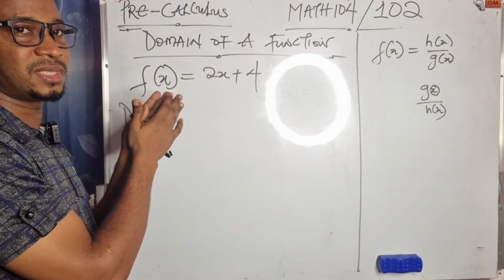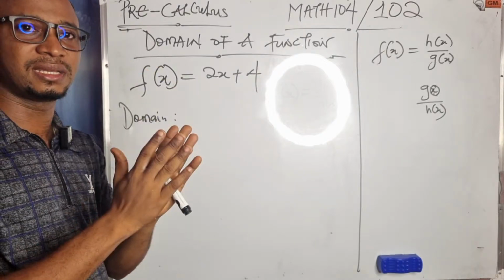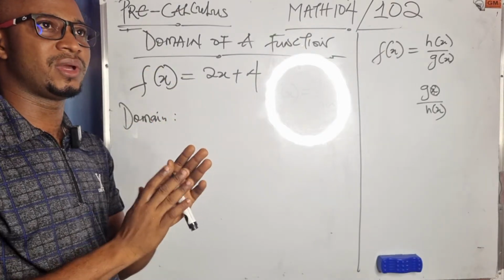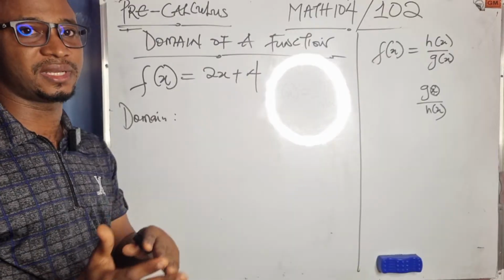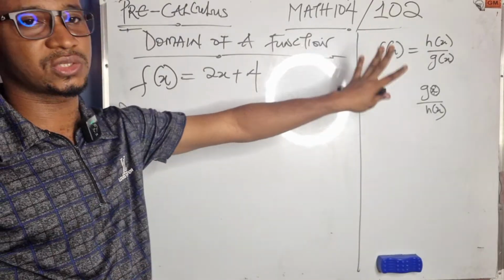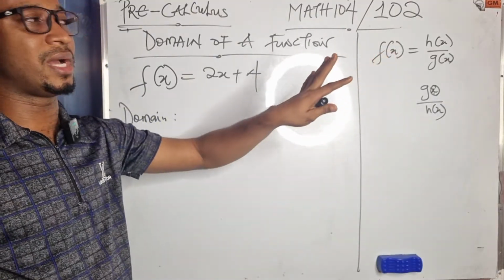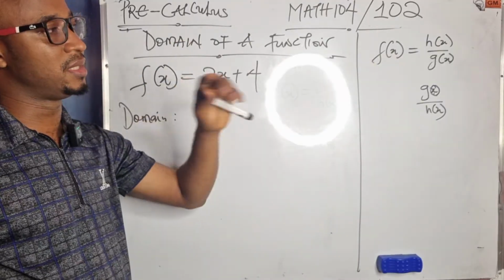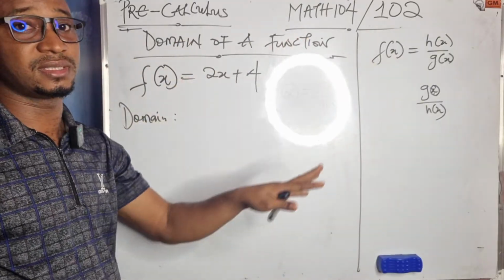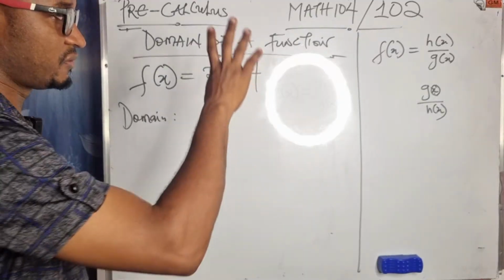You get the concept here? That will give me a defined answer. Your answer can either be defined or undefined. When we get to rational, I will explain the concept of undefined, and that is where I'll be able to explain that not all values of x are permissible under a rational function.